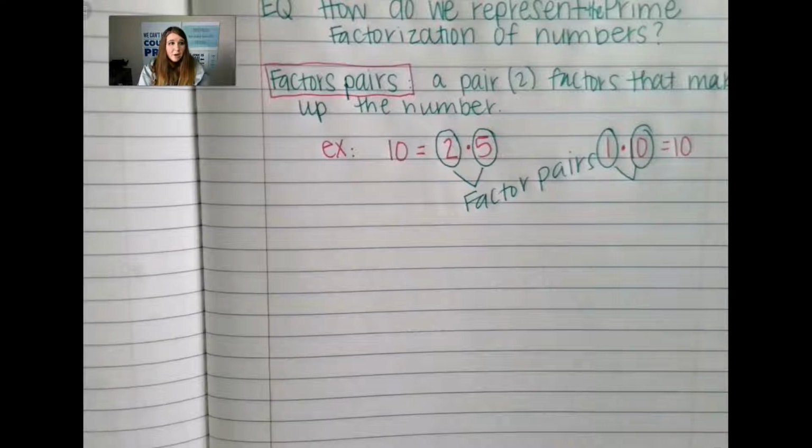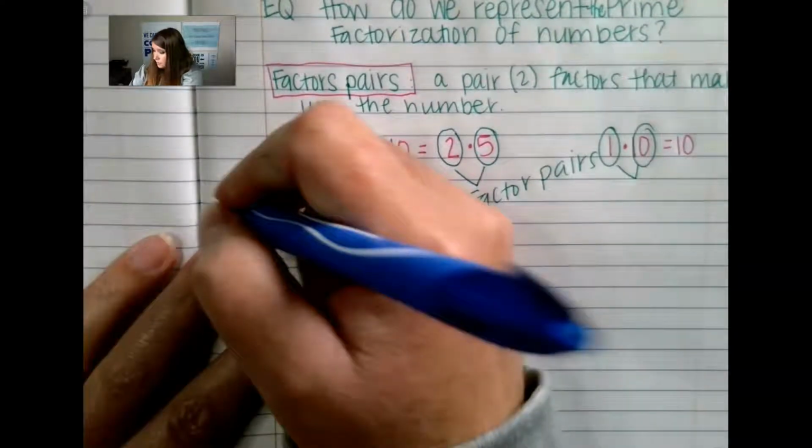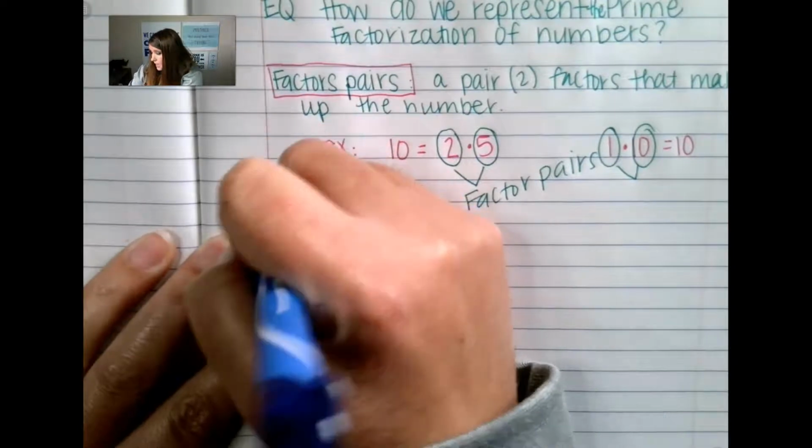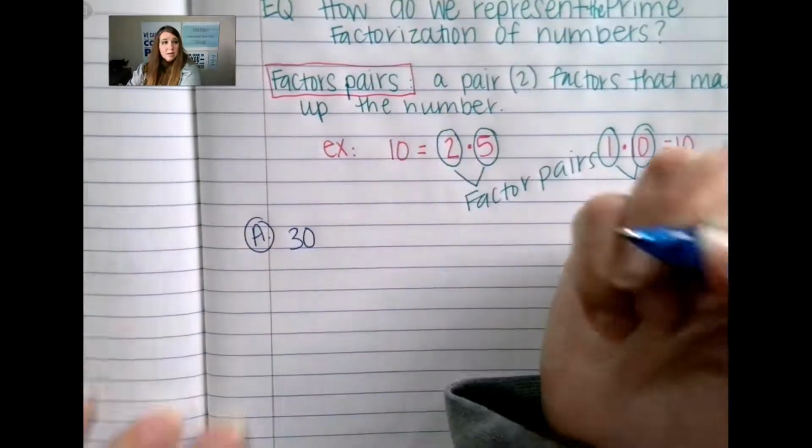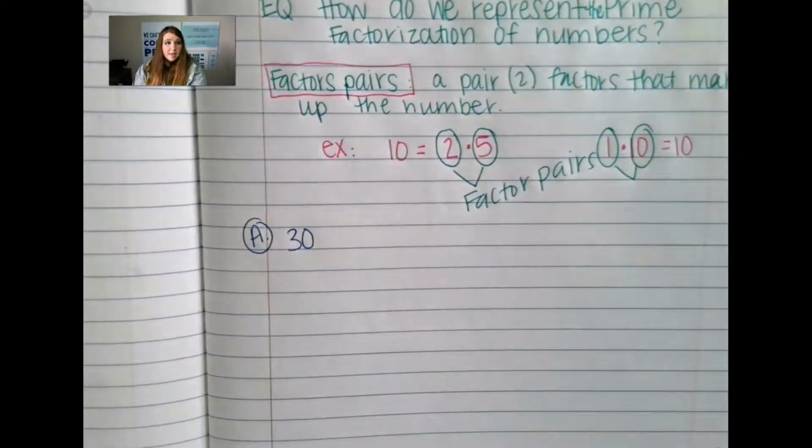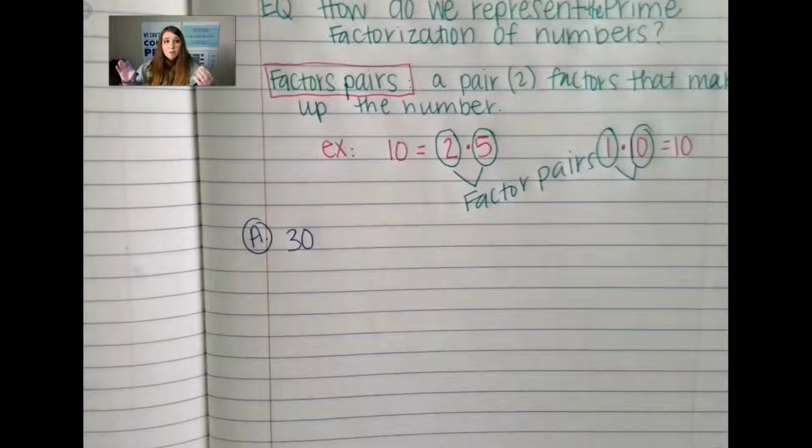So let's do an example of factor pairs for the number 30. Example A, I have the number 30. For example, let's say that in a marching band, the brass section has 30 members in it. You can put the number 30 into many different rows.